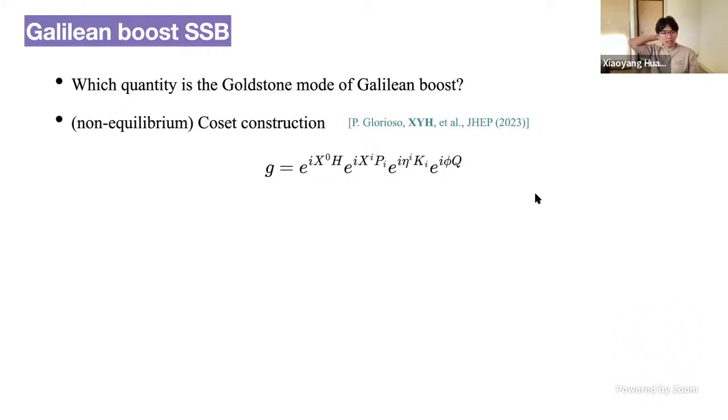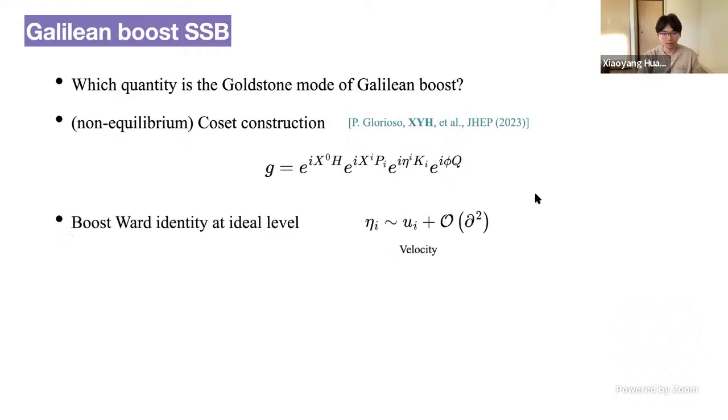What we show is that suppose we just honestly treat every symmetry at face value and write down the coset construction that we do for every spontaneous symmetry breaking phase, but here for the space-time case. What we can see is that for the boost Ward identity at the ideal level without dissipation, the Goldstone mode for the boost symmetry is the eta. And eta would be approximately given by the velocity field of your theory.